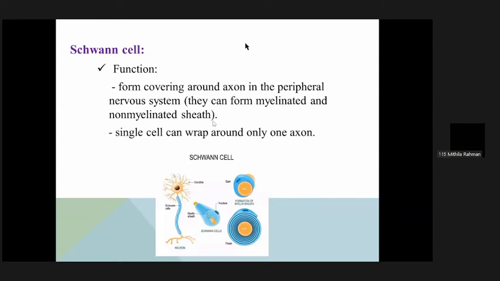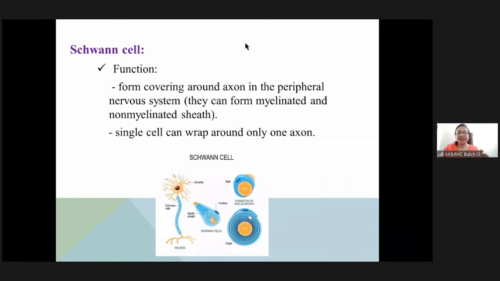Preganglionic was myelinated, and postganglionic was non-myelinated. Are they part of the central nervous system or peripheral nervous system? Peripheral nervous system.